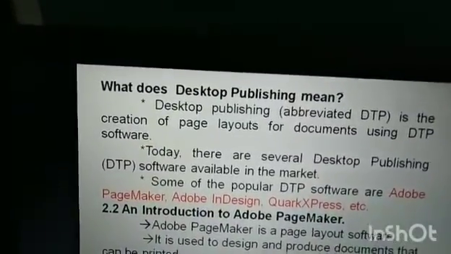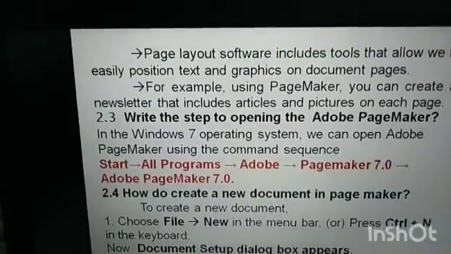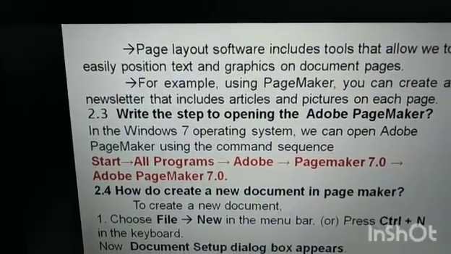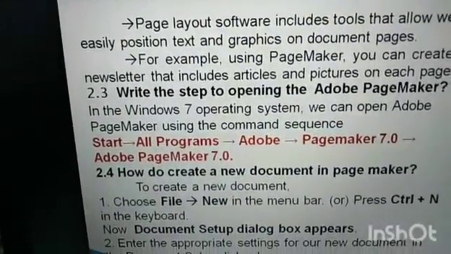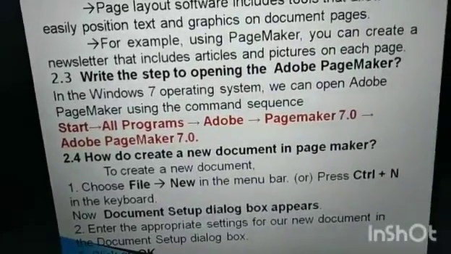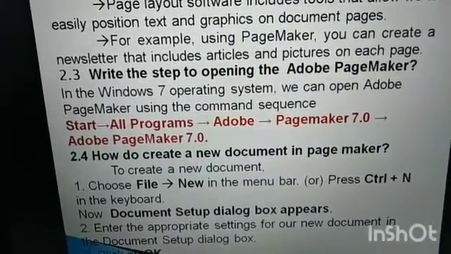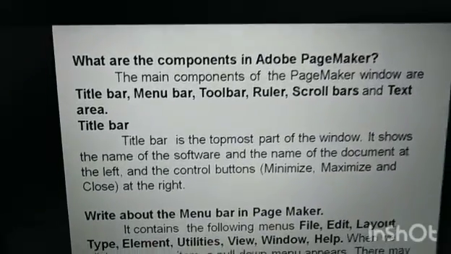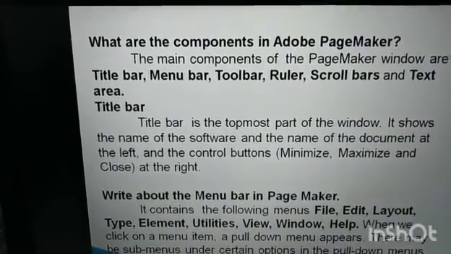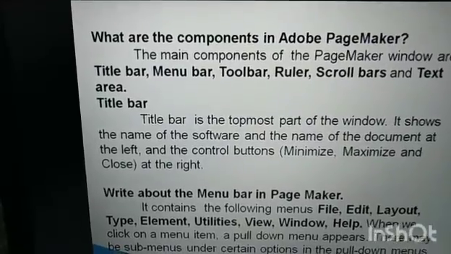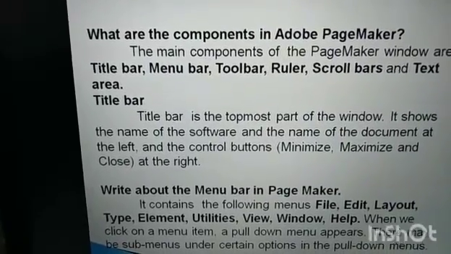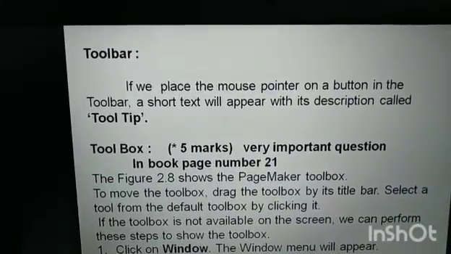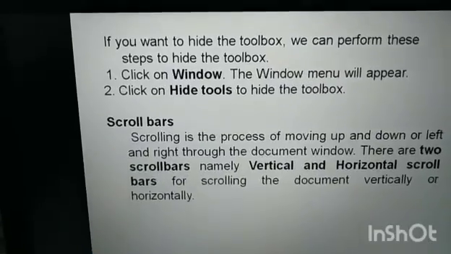So what is meant by DTP and Adobe PageMaker, and how to open Adobe PageMaker. One shortcut key, Ctrl plus N, is used to create a new document. What are the components in Adobe PageMaker, and how many menus are available? There are 9 menus, and the toolbar, toolbox and scroll bars.